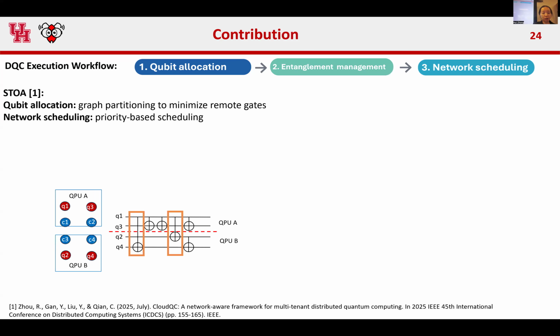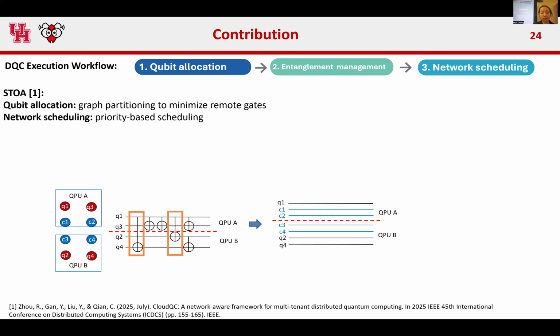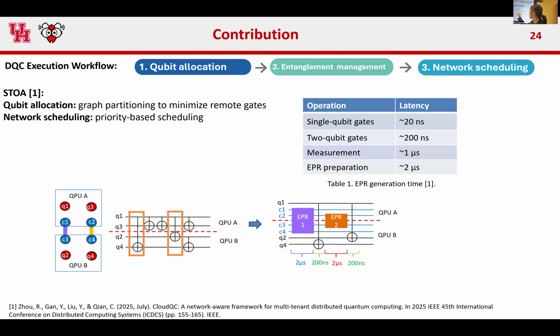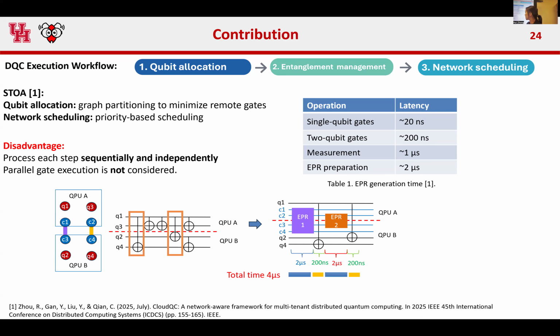Also an example: now we have 2 remote gates. They will do it sequentially. First, they do EPR pair 1 and execute remote gate 1, and then do EPR pair 2, and then remote gate 2. Based on table 1, as we mentioned, for this circuit, it will take about 4 microseconds.